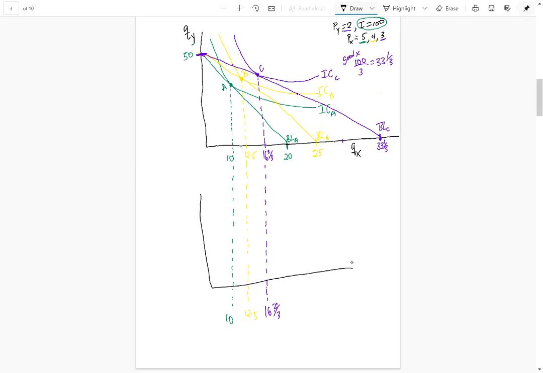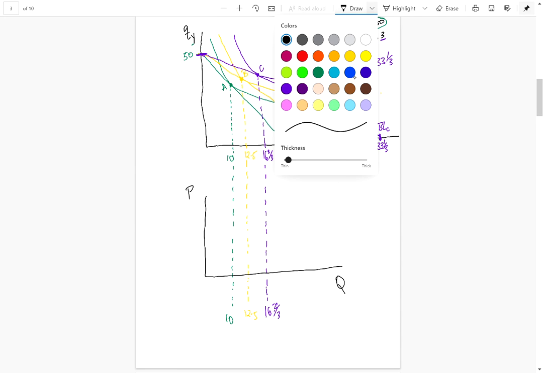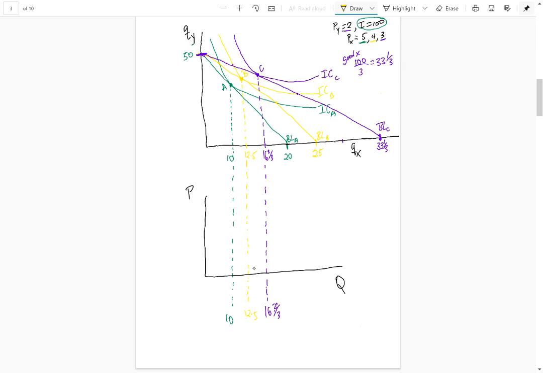What are the two variables in our demand function? Yes, price and quantity. Price goes here on the y-axis, Q goes here on the x-axis. All right, so we know our quantities there, right? Because of our optimality condition above, we already have that information. What we need now are the prices, but again, we have that information, right?